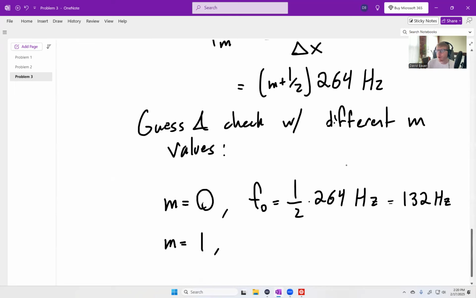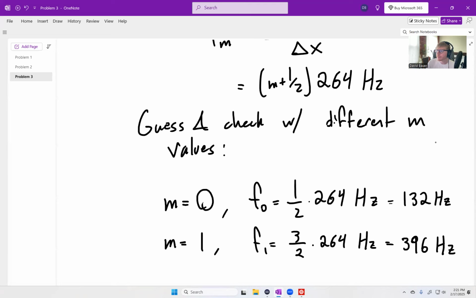For m equals 1, we get 3/2, right? 1 plus 1/2 times 264 hertz. So that's just going to be 3 times 132. So what is that? It's 396 hertz.